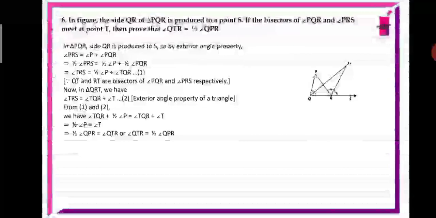We have angle TQR plus half angle P equals angle TQR plus angle T. TQR is common on both sides, so half P equals angle T. That is, half QPR equals angle QTR, or angle QTR equals half QPR. Hence proved.